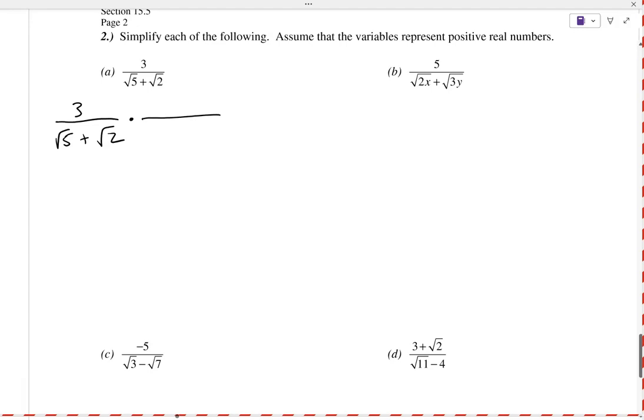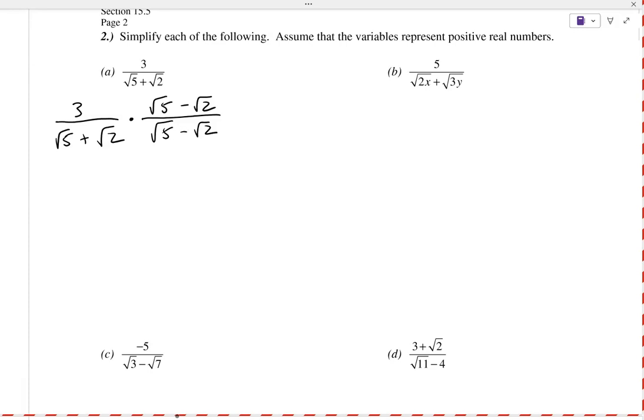So what are you going to multiply top and bottom by? Good, exactly. Just change the sign in the middle, right? Multiply by that conjugate. That's the basic technique for any of these where you've got a sum or a difference. Change the sign in the middle.